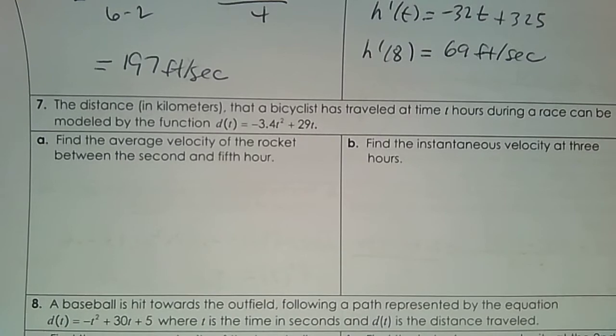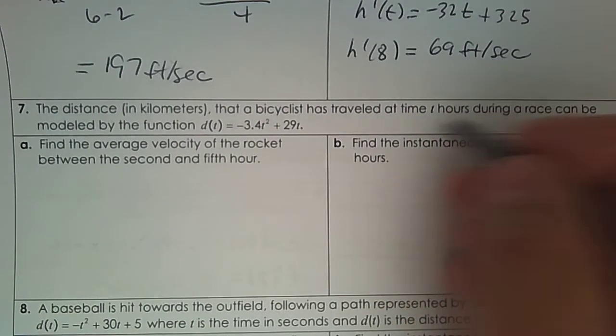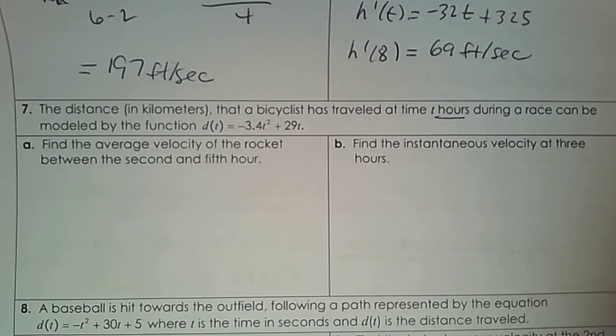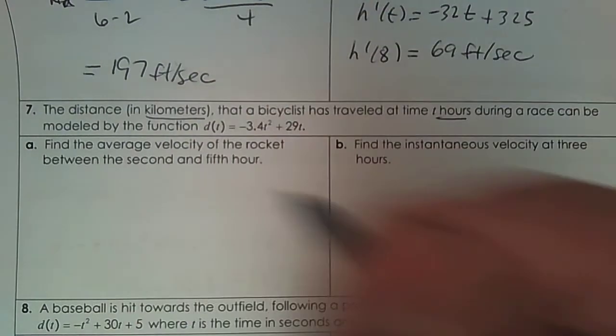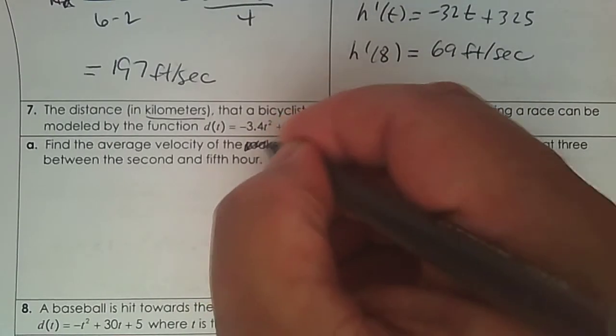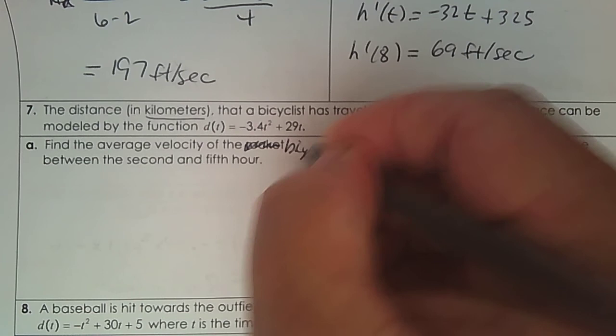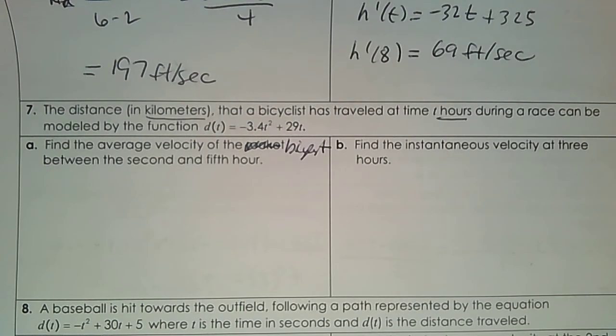Here the question is about a bicyclist. The t is in hours, and d is distance in kilometers. So units matter. Find the average velocity of the bicyclist between the 2nd and 5th hour.